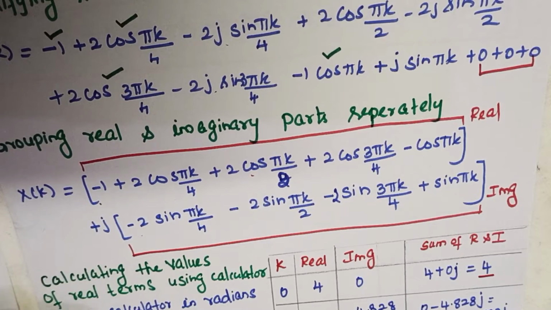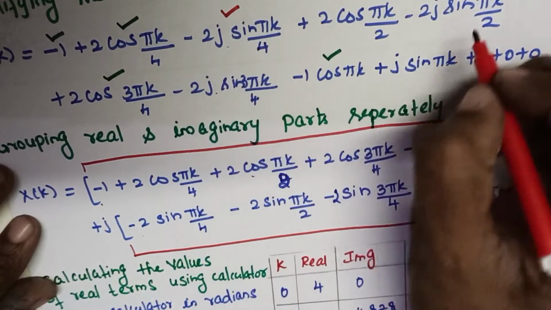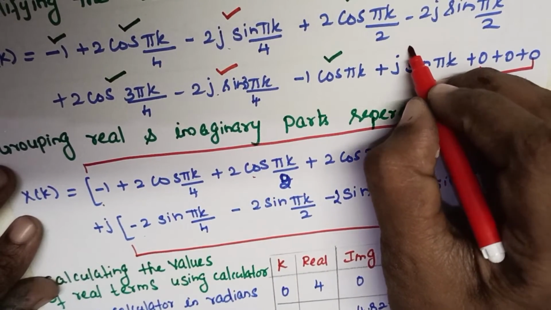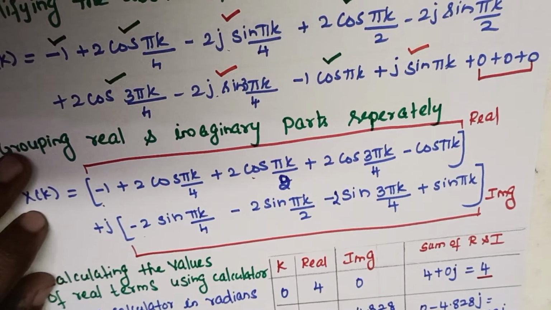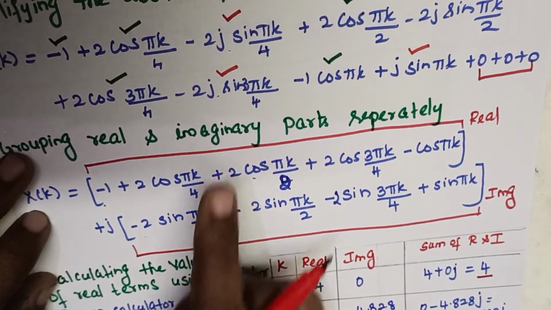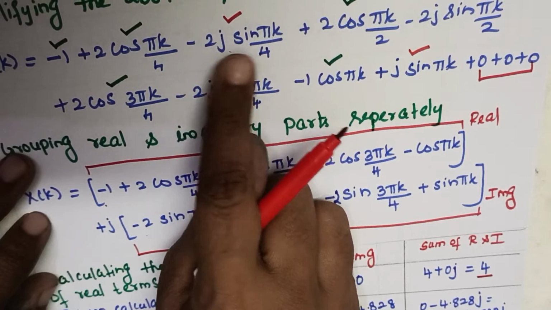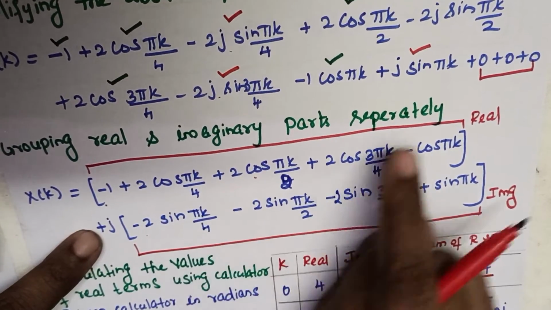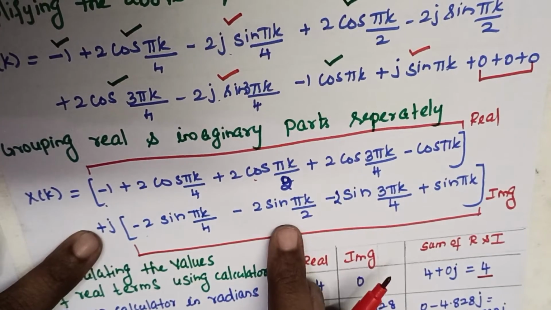I am going to write the imaginary parts here. The imaginary parts are this one. Here I have an imaginary part. This is an imaginary part, and this is also an imaginary part. So there are going to be 4 different terms. First term is minus 2 sin pi k by 4, because j we have taken as common. Minus 2 sin pi k by 2.